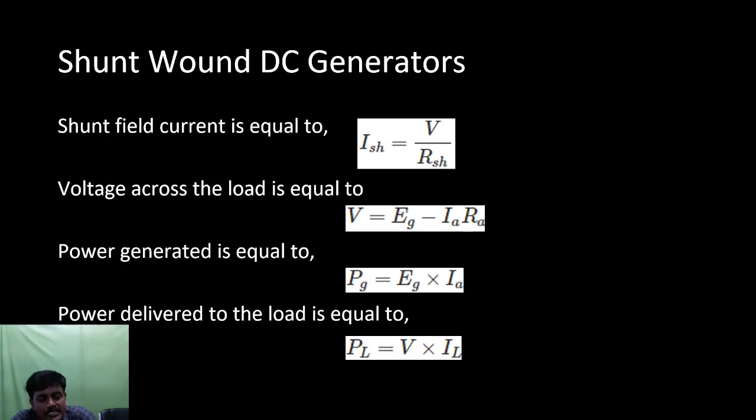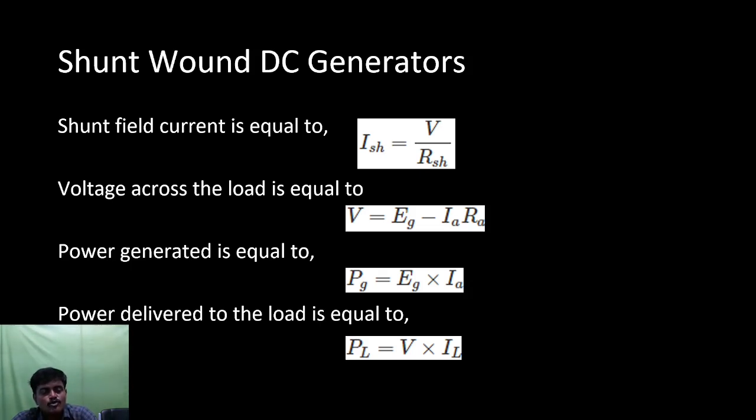And the power delivered to the load is PL equal to V into IL. So EG into IA gives the power before the losses, and PL equal to V into IL gives the power after the losses occurring in the DC generator.